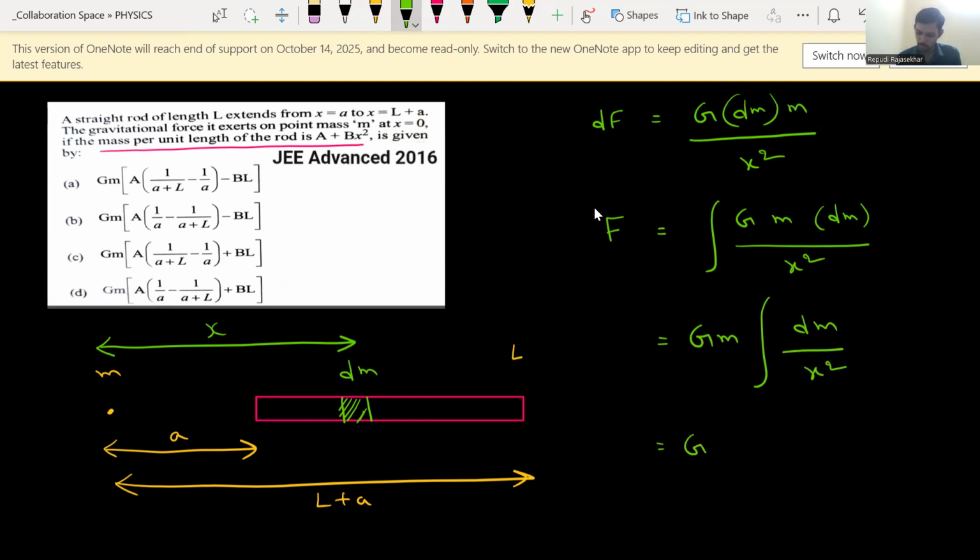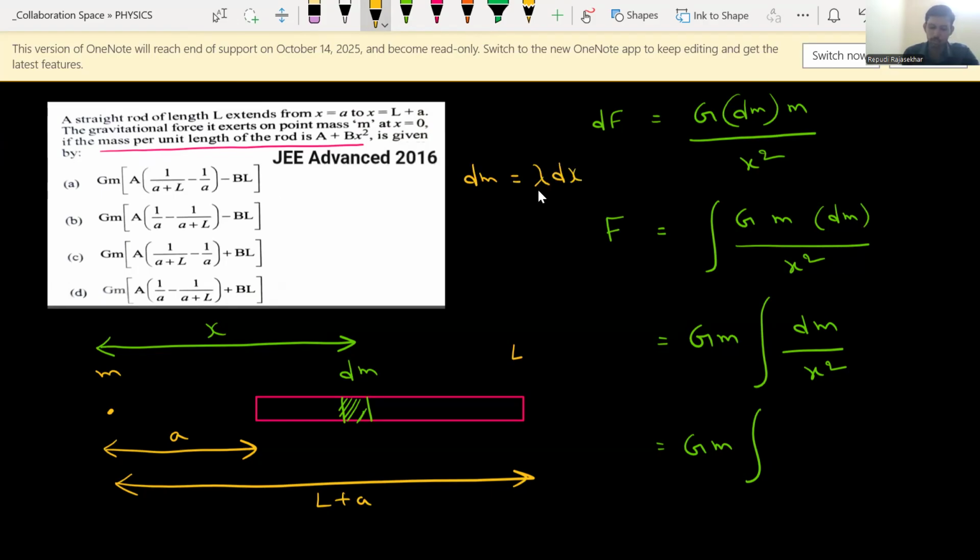So this is G into small m into dm. How to write dm in terms of linear mass density? Why do we have to write dm in terms of linear mass density? Because in the given question they mentioned mass per unit length, that is a linear mass density. So dm can be written as lambda into dx.